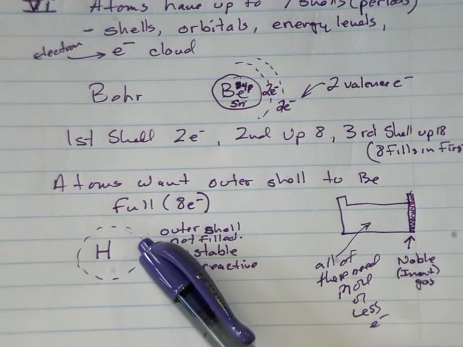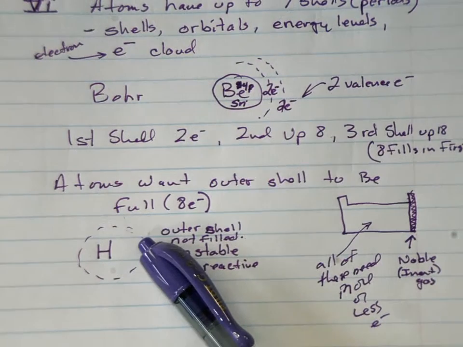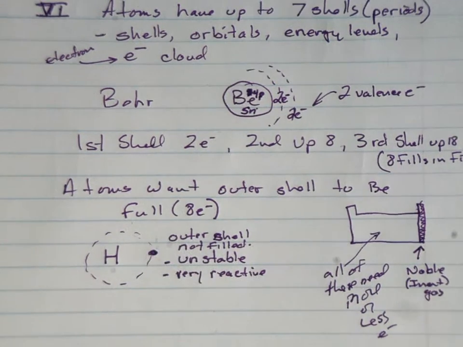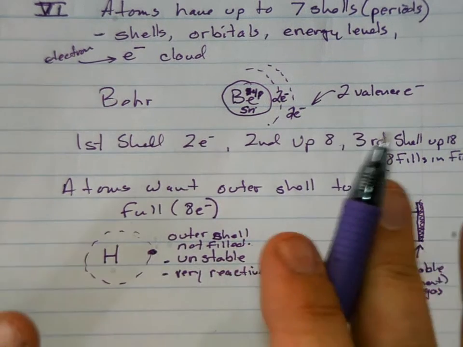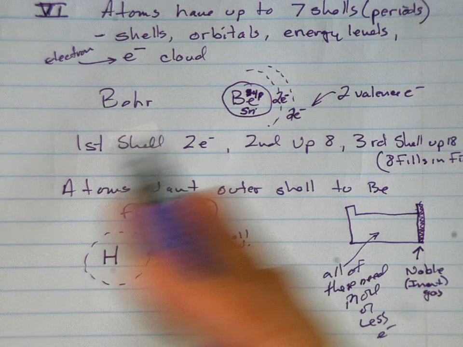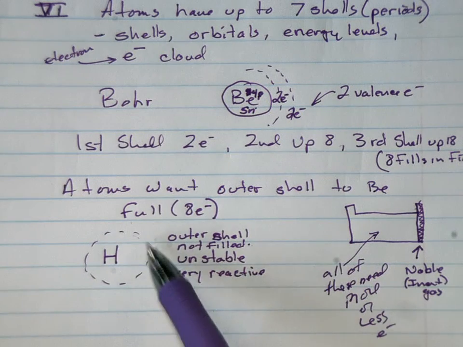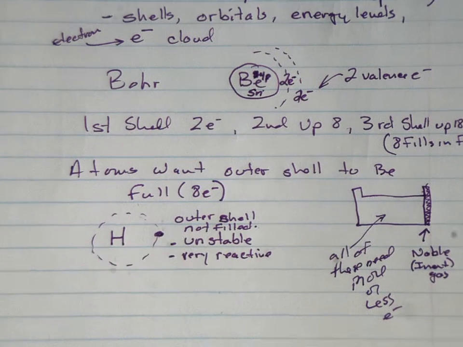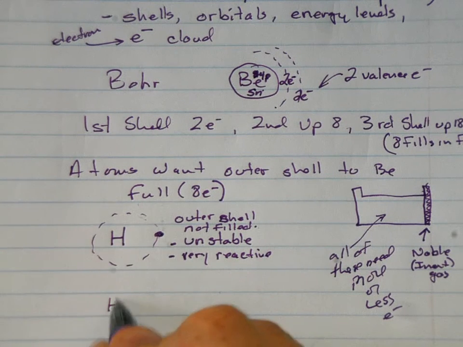If I'm hydrogen and I get rid of that 1 stupid electron, my outer shell is empty. So, atoms want their outer shells either totally full or the outermost shell totally empty, and that will make them stable. So, let's take a look at our friend helium over here.